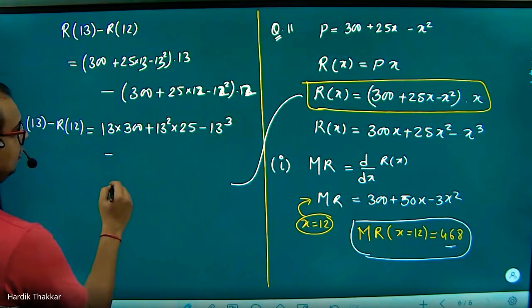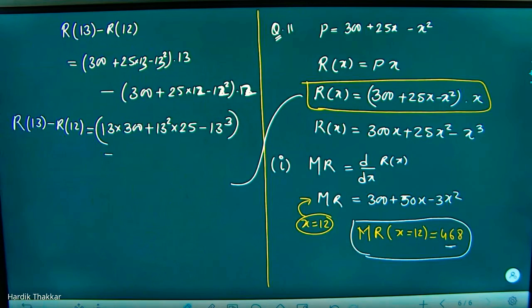I am getting 4007. Yes, sir. And in the book it is given 456. Did you check this using a calculator or manually? With calculator.